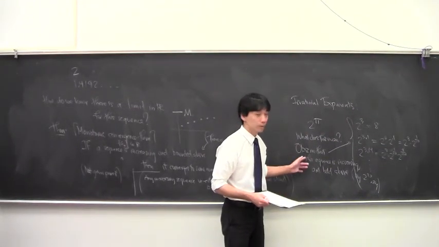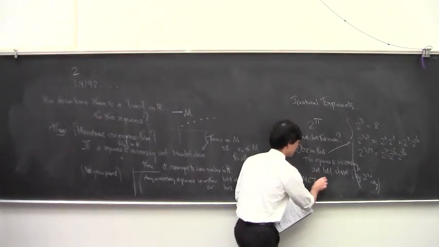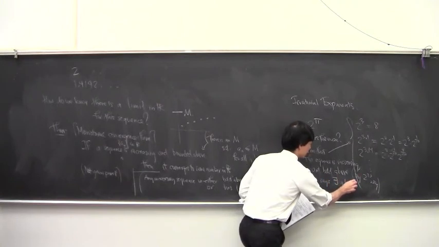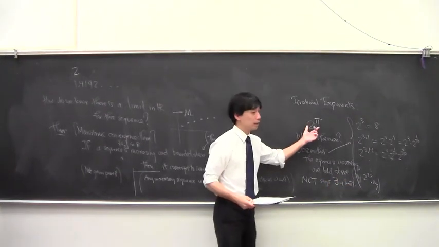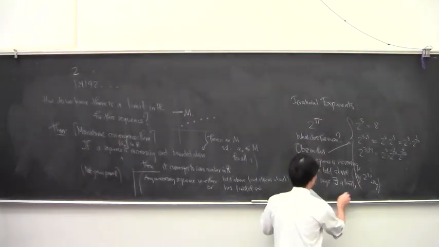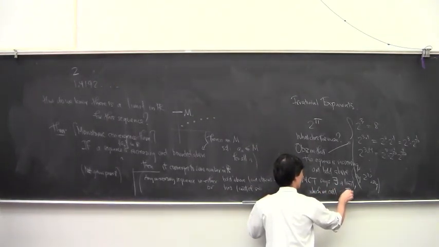Okay. So the monotonic convergence theorem says there's a limit, and that limit we call 2 to the pi.